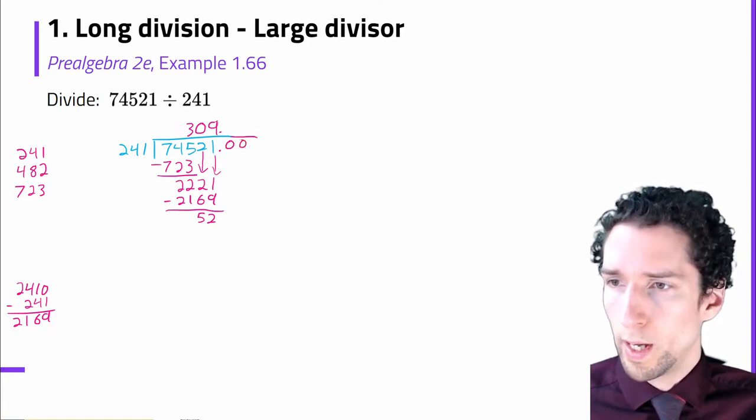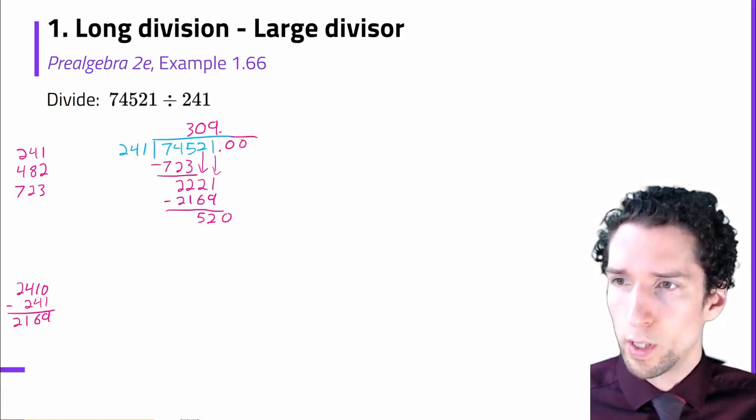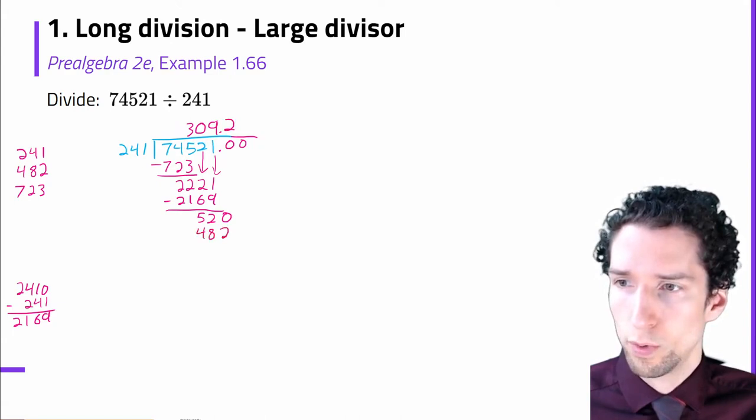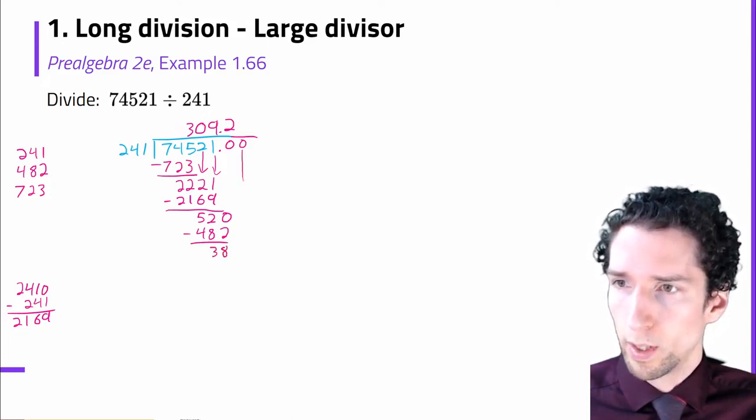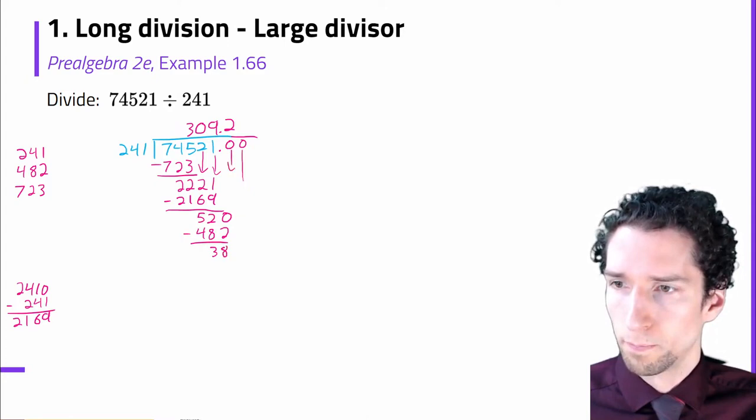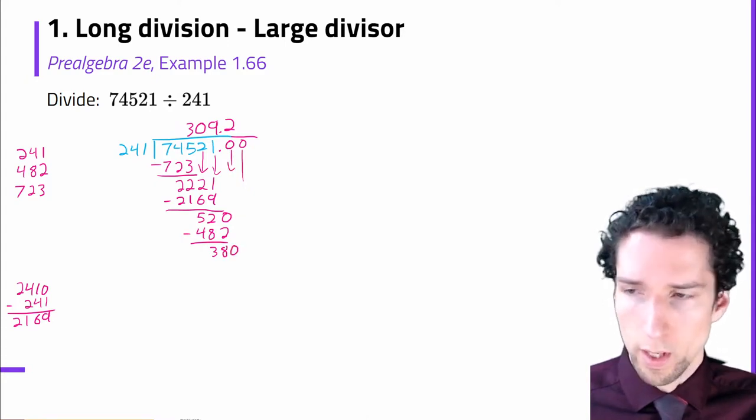So 241 into 520, that will go in 2 times, and that will be 482. All right, and that will give us down here 38, and bring down this 0 here, 38.